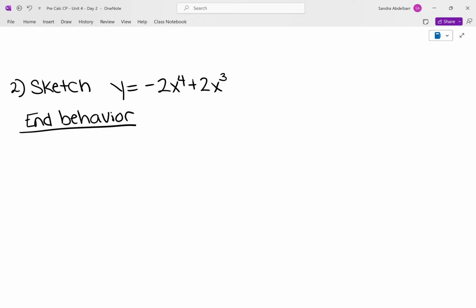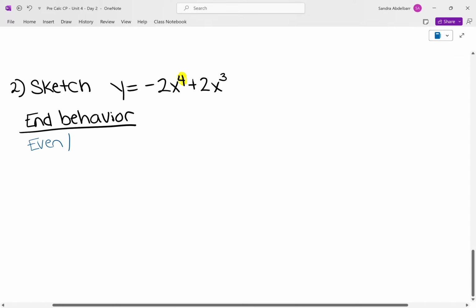So you guys tell me, the highest degree, is it even or odd? Isn't the highest degree 4? So it's even, right? The people that said odd, what were you thinking? Okay, so our highest degree is even.